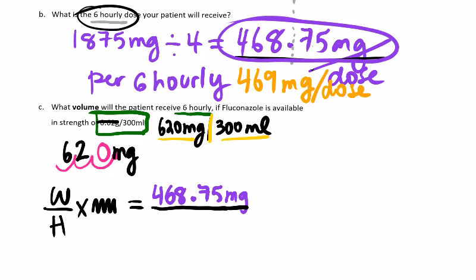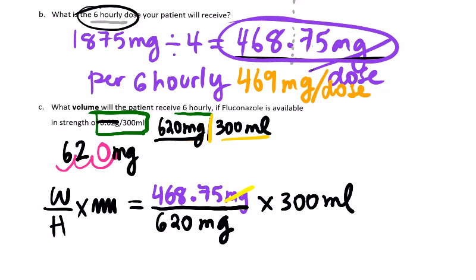And we need to use the milligrams here, so we're going to use that part of the half, 620 milligrams. So we've used the half, so now all we need to do is multiply this by the third quantity, which is the 300 mils. The milligrams cancel out, and we have to do the calculation. So 468.75 divided by 620 multiplied by 300. This will give us 226.8145.